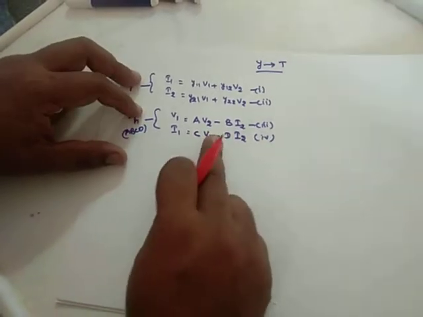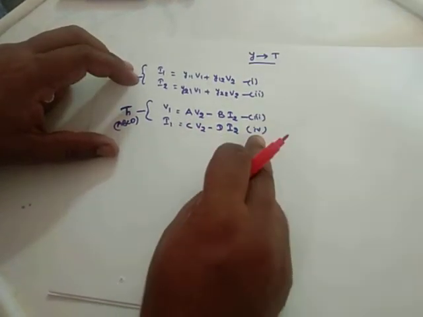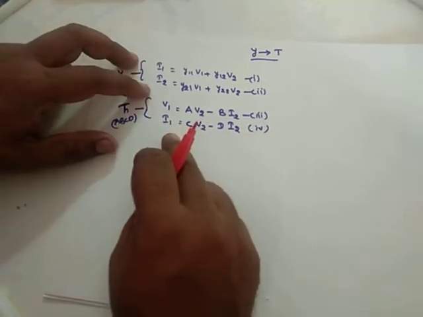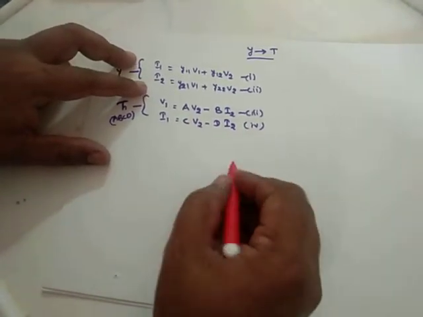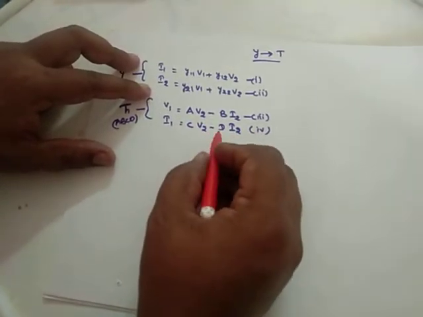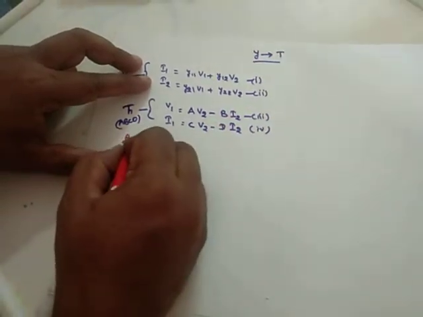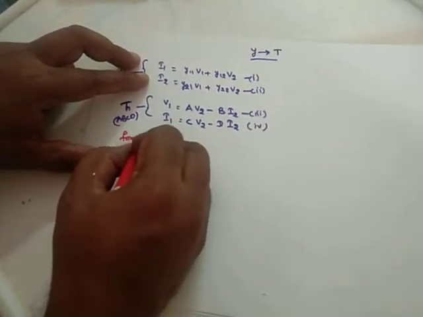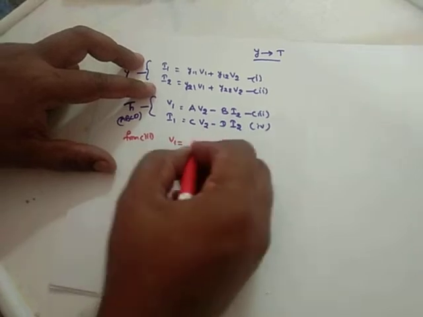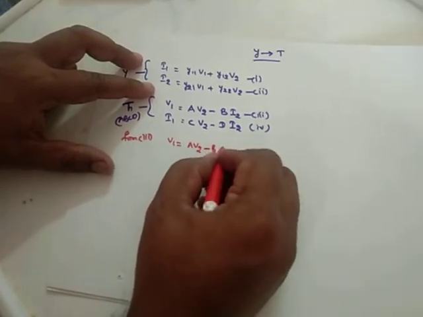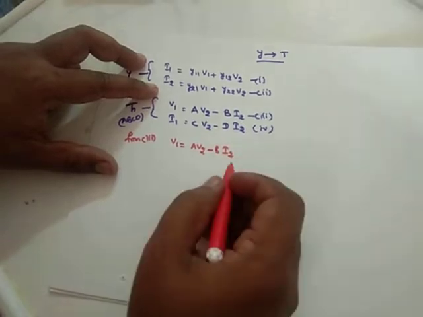Similarly, we can express the third and fourth equations with I1 and I2 as dependent parameters. Observe here, from the third, V1 is equal to A V2 minus B I2.